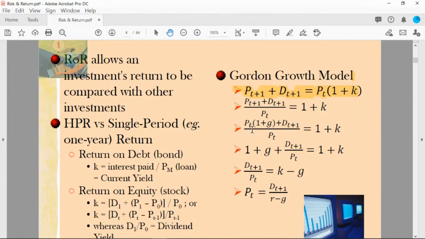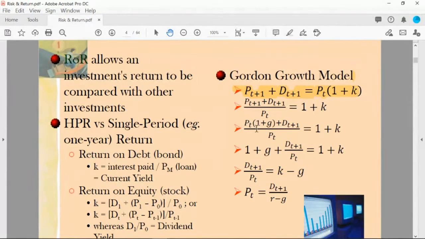What is PT plus 1? PT plus 1 is PT times 1 plus growth rate. Now think about it. I told you if this was growth rate, then the left-hand side will be only PT plus 1. And then dt plus 1 will still tag along.